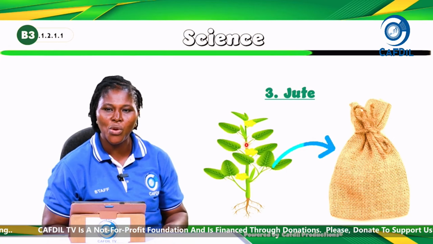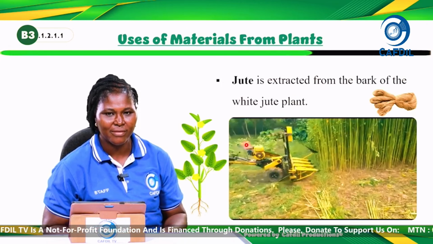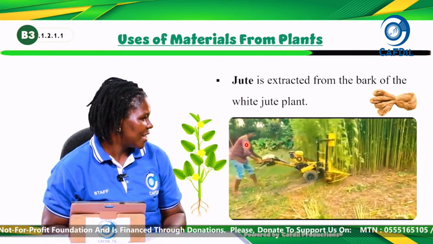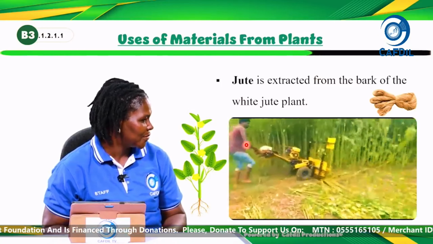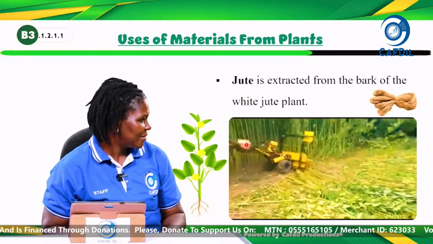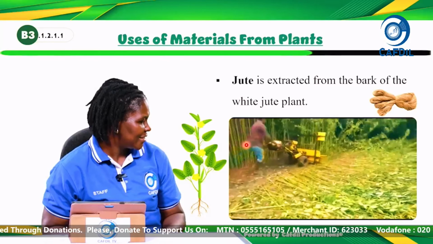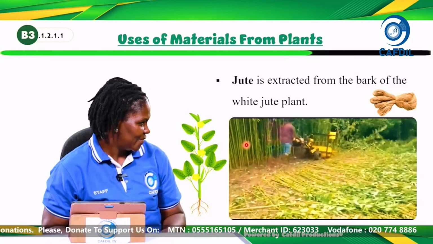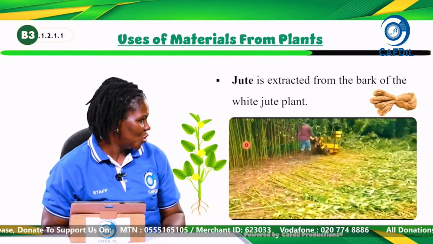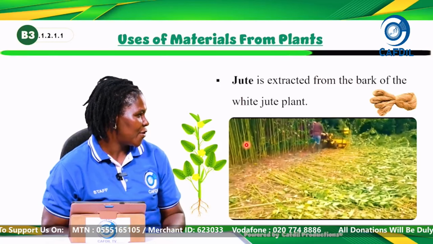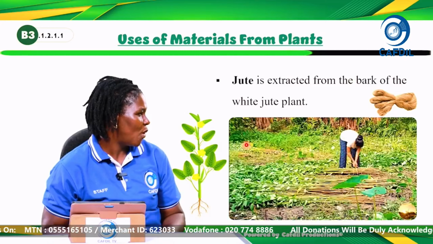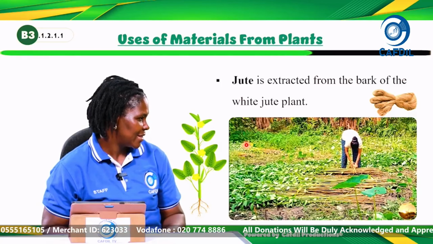Let's look at how we get the jute. Yes. Now this is the jute or the ayoyo. Look at the man. He's cutting it down. So jute is extracted from the back of the white jute plants, the white one.